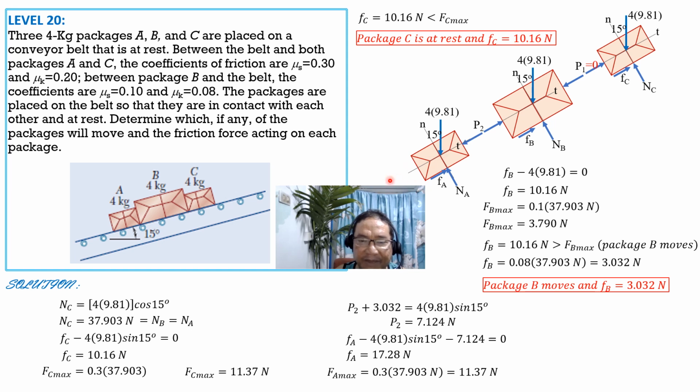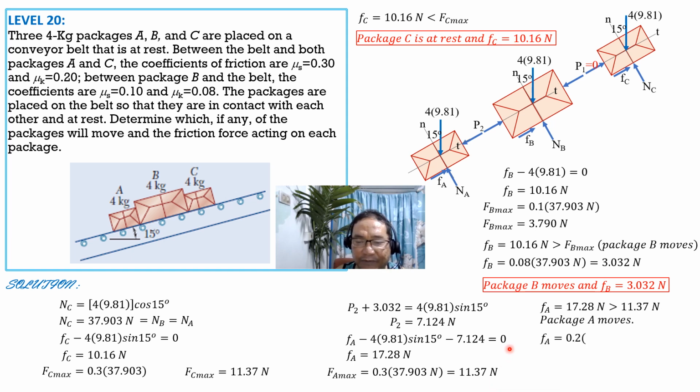Because it moves, by principle, again, the maximum frictional resistance that can develop under a moving body is coefficient of kinetic friction 0.2 times normal at A. So FA is 17.28 newtons, greater than 11.37 newtons. So that's why package A moves.